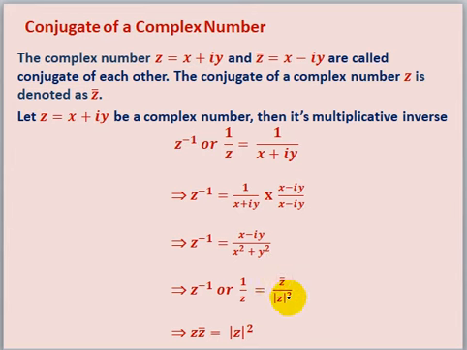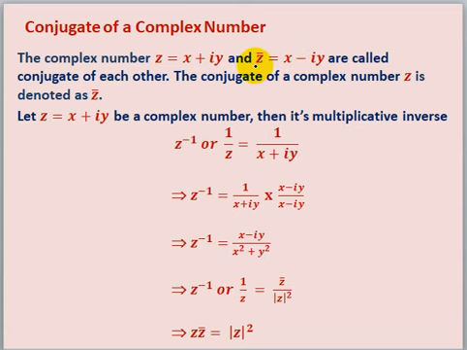Now if we take cross multiplication on both sides, we find z multiplied with its conjugate is equal to the square of its modulus. Children, if you find the modulus of the conjugate of z: the modulus of z is the square root of the square of the real part plus the square of the imaginary part. In its conjugate, the real part is x but the imaginary part is minus y.